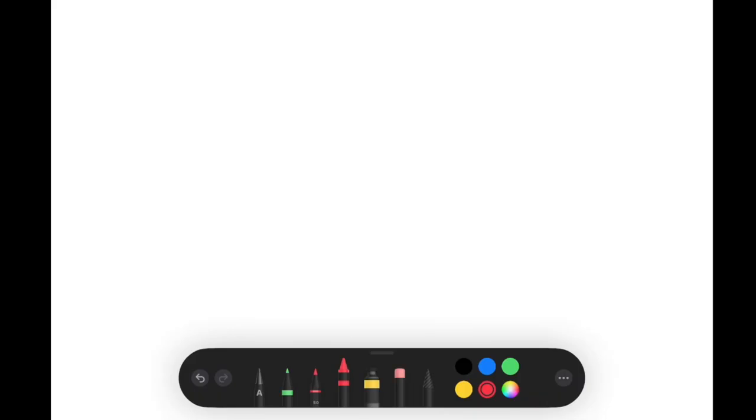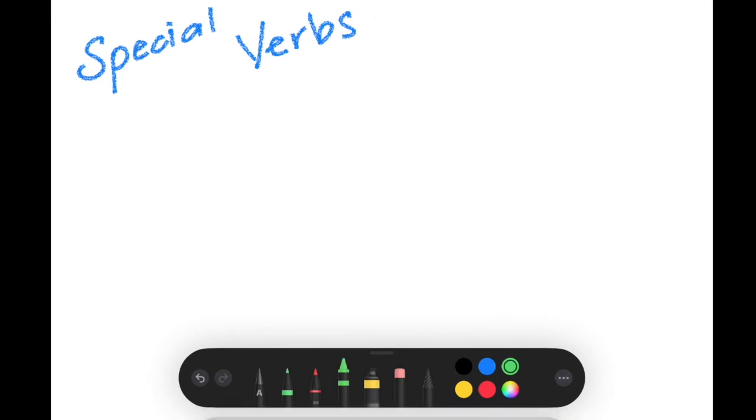I just want to discuss a little on the special verbs. Okay, why do we call them special verbs? What are these special verbs?